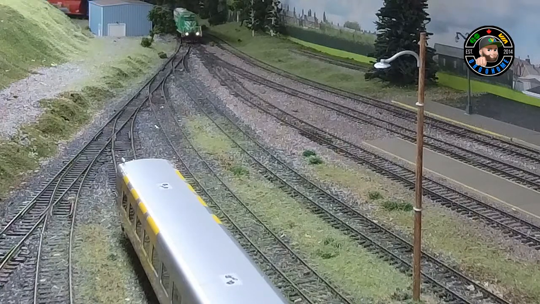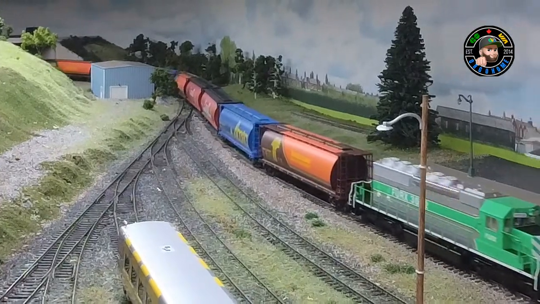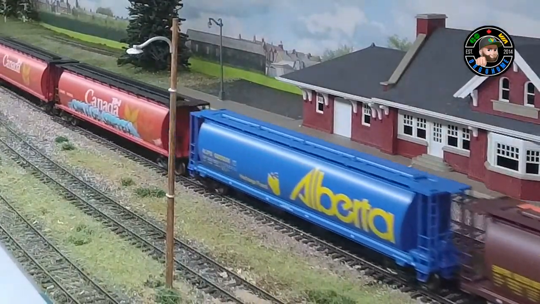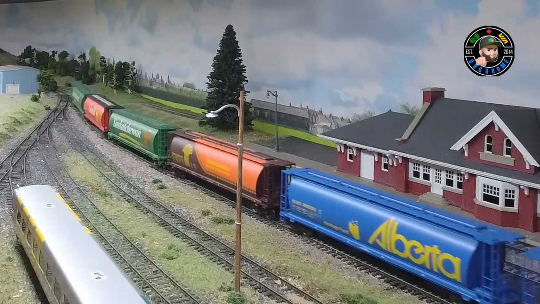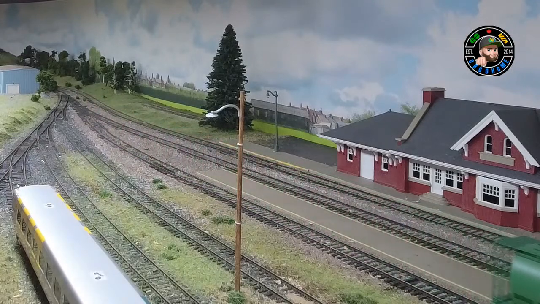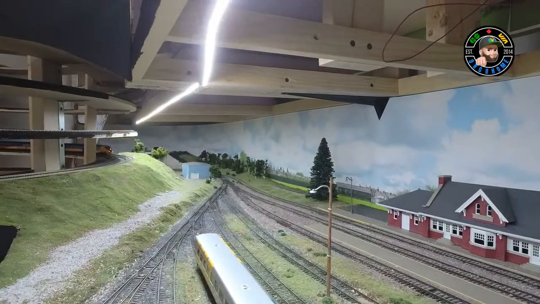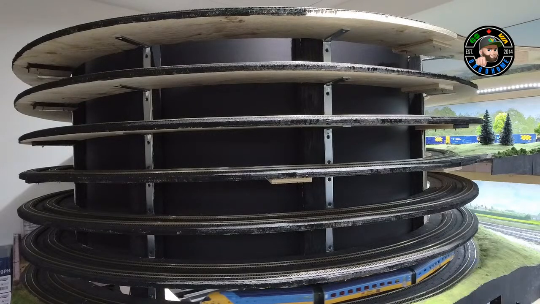Oh, we're going for the zoom right now. All right.